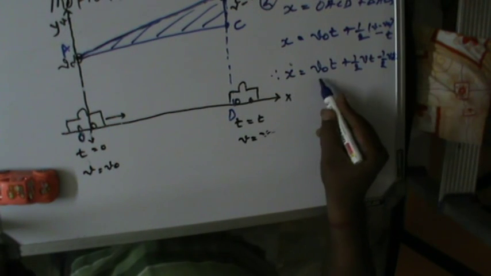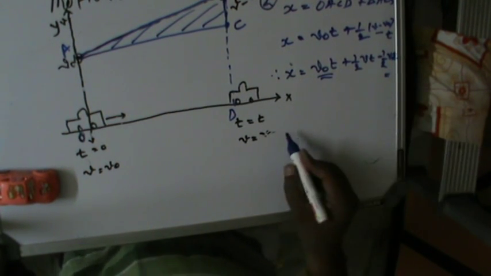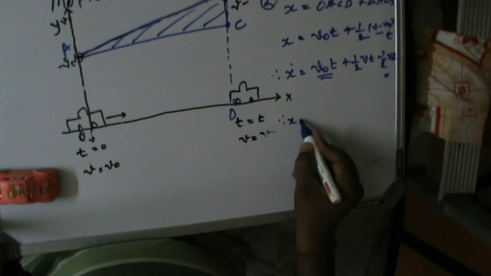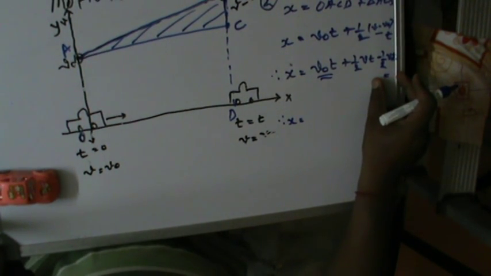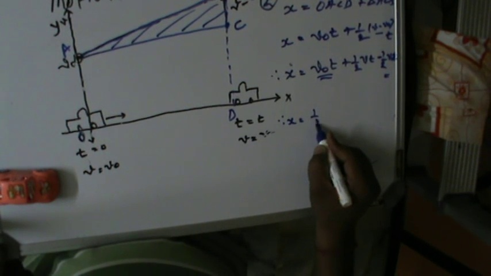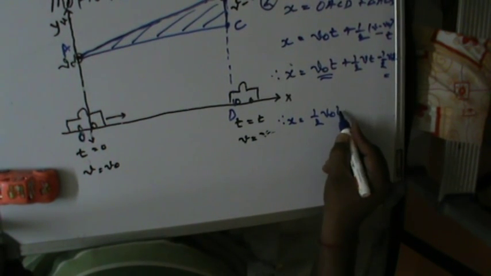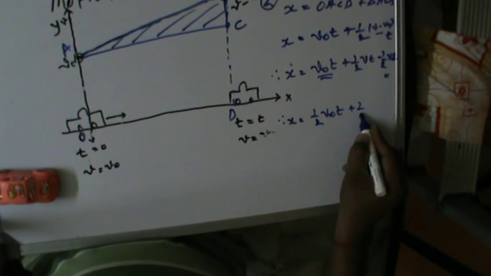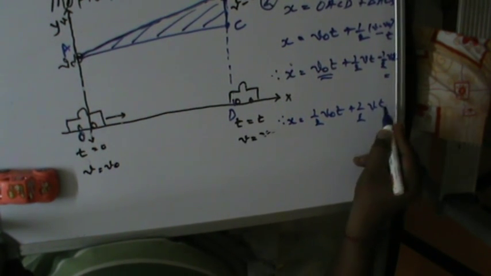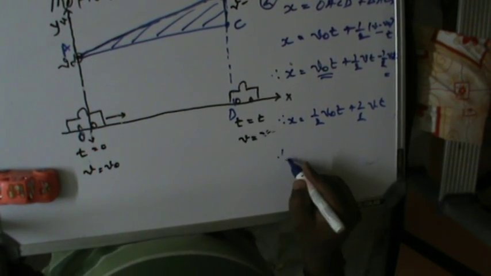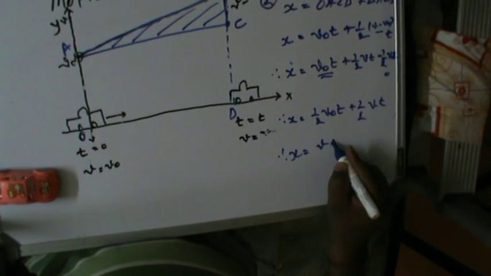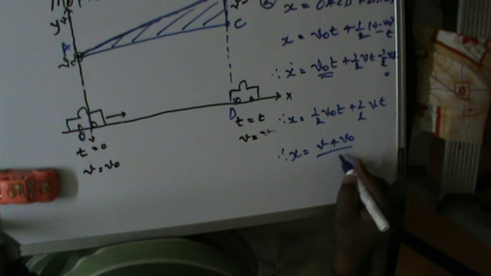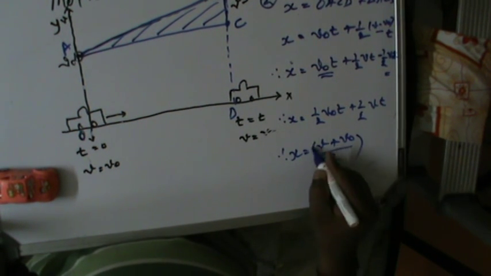Remember, two same terms are there. Therefore x is equal to V0t minus 1/2 V0t plus 1/2 Vt, so it is 1/2 V0t plus 1/2 Vt. Simplifying more, we get V plus V0 upon 2 into time t, where t is common.